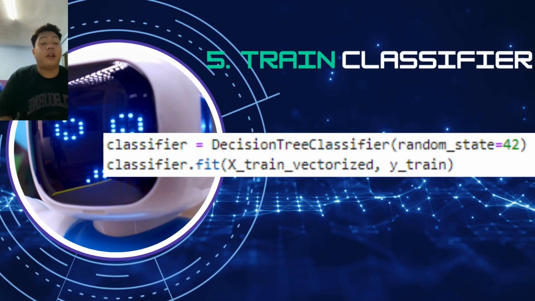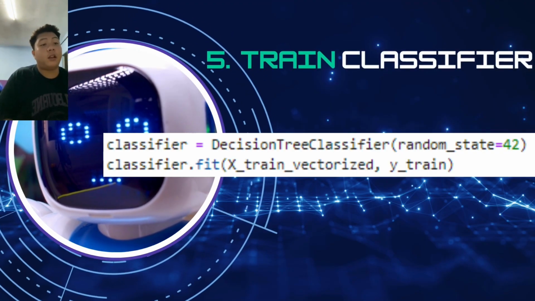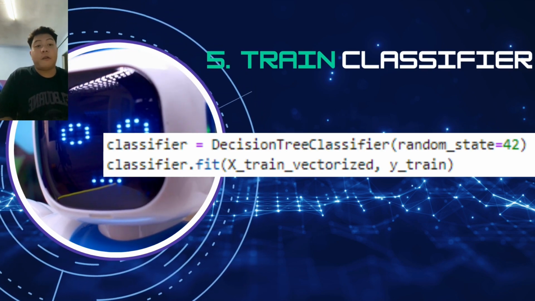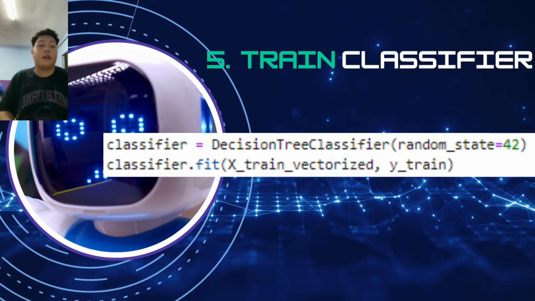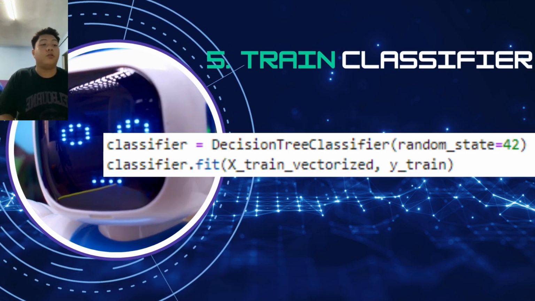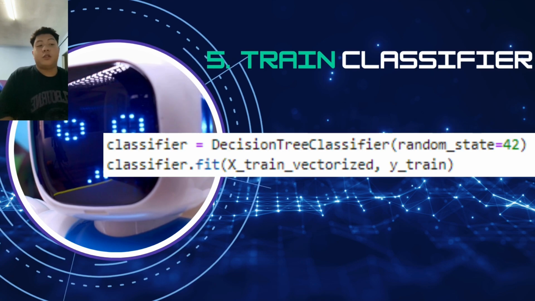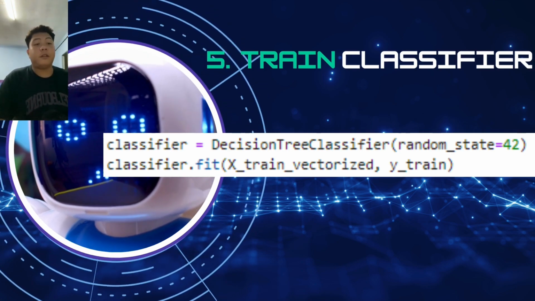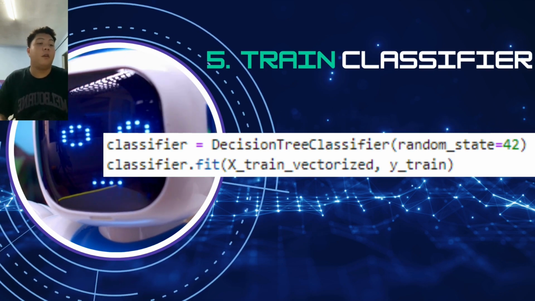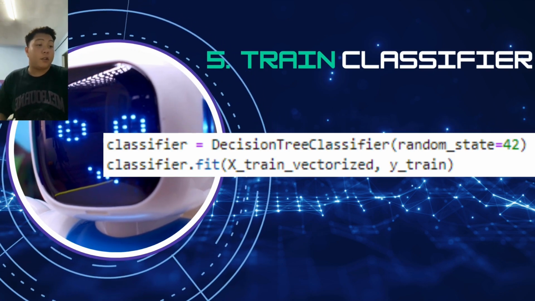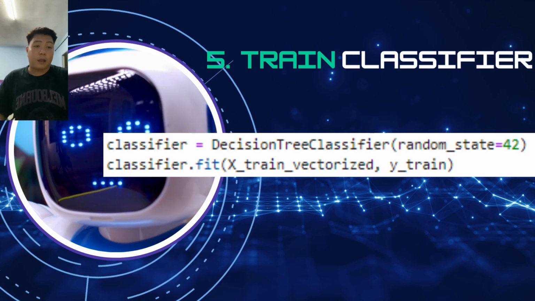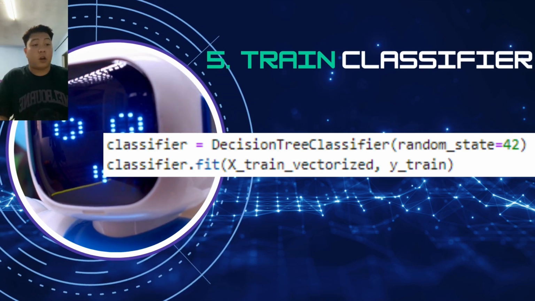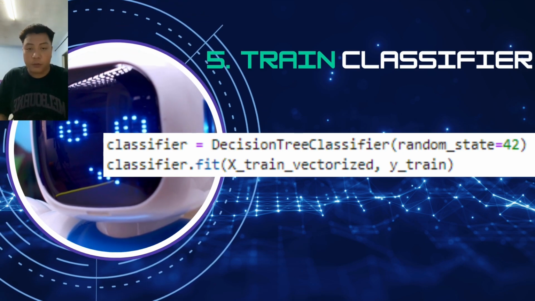So next, X_train_vectorized. This is the training dataset being transformed or vectorized. It typically represents textual or categorical data that has been converted into numerical form suitable for machine learning algorithms. While y_train is the corresponding target labels for the training data. For supervised learning tasks like classification, the labels represent the class or category the samples belong to.